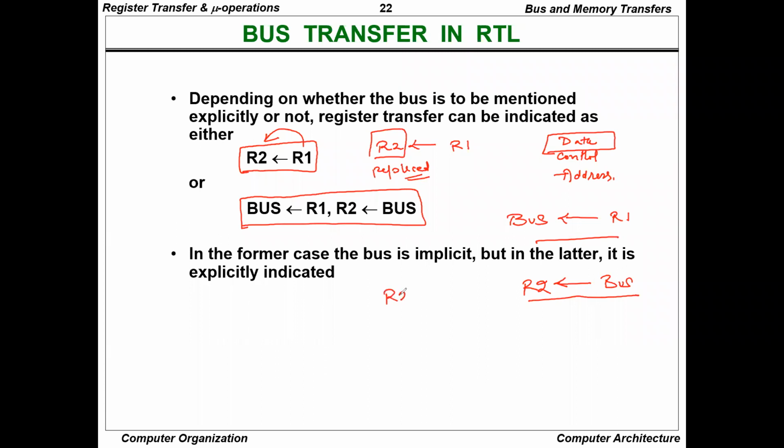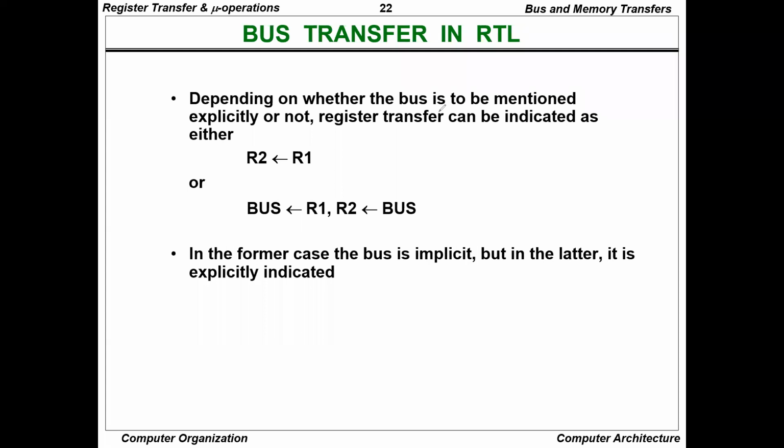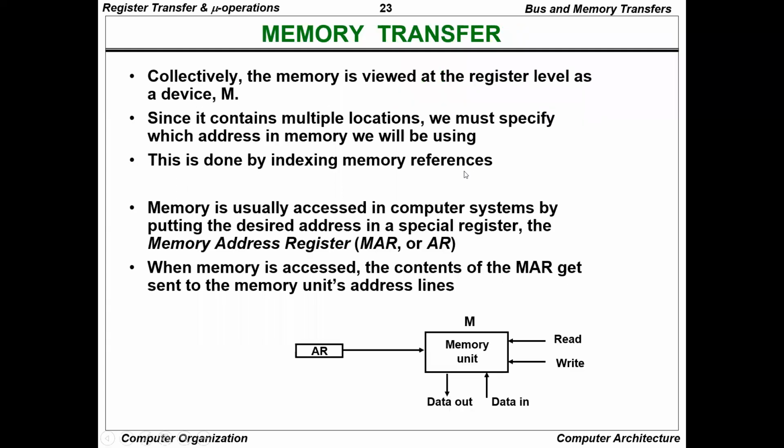So this micro operation is actually executed through these two micro operations. This is what we call bus transfer in RTL, a register transfer through bus. This is the first instruction that you can kindly note down, and this is how we represent it in the RTL language.